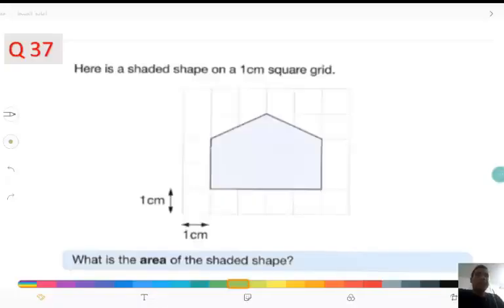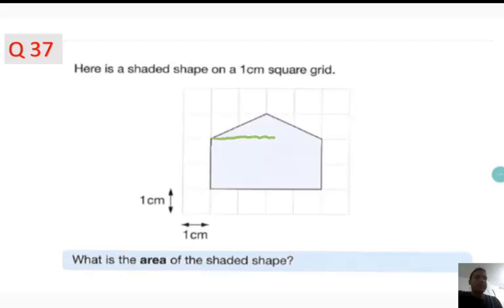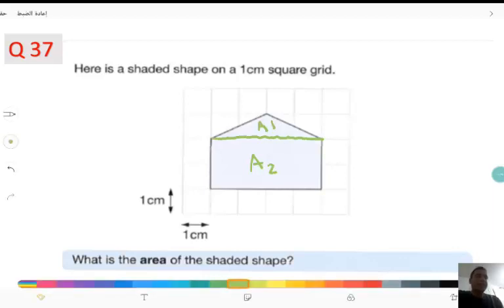Here is a shaded shape on a 1 centimeter square grid. What is the area of the shaded shape? In this question, we should divide this shape into two areas: A1, which is the area of the triangle, and A2, which is the area of the rectangle, and find A1 plus A2, which is the total area.